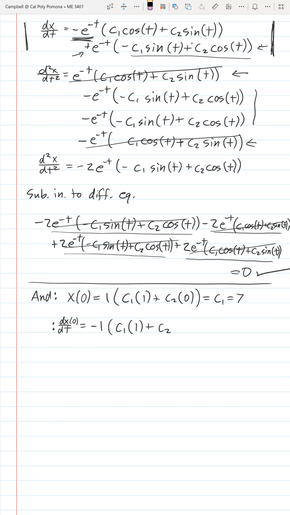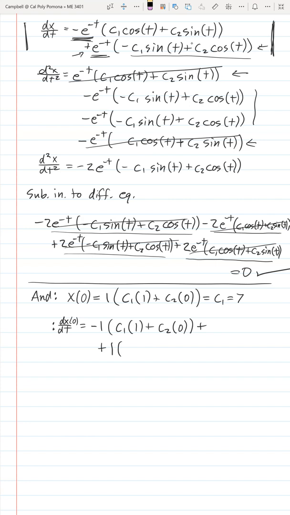Sine of 0, that's still just 0, plus then, so close the parentheses, plus then, going to the second part of this expression, again, we have e raised to the 0 is just going to give me a 1.